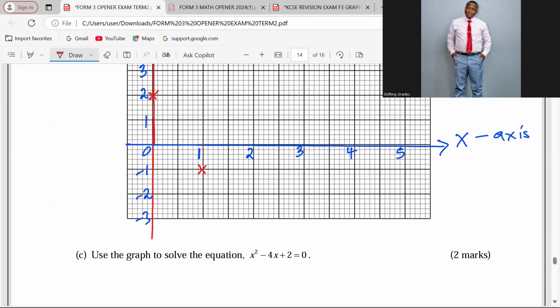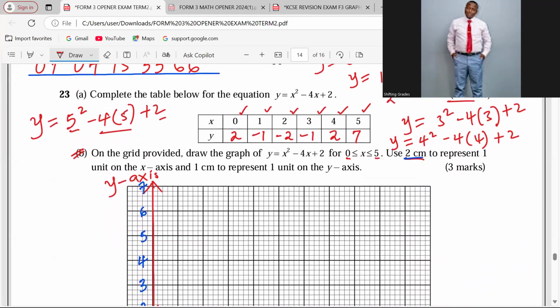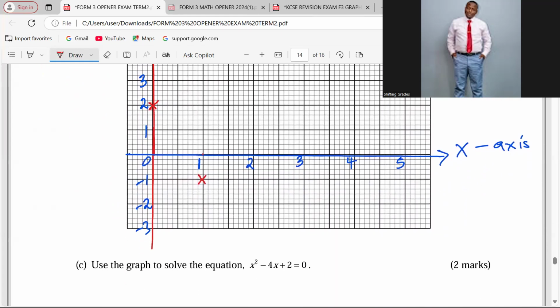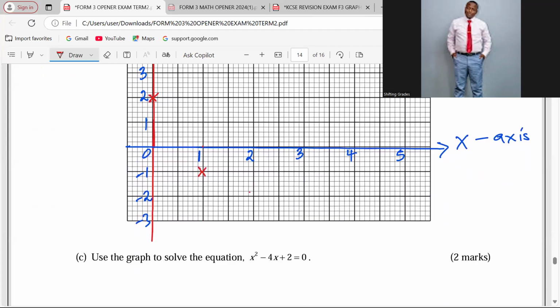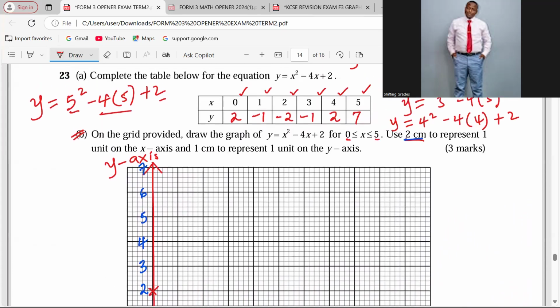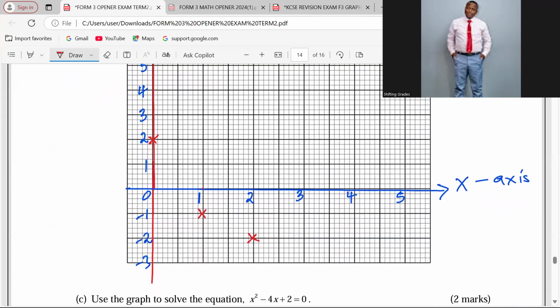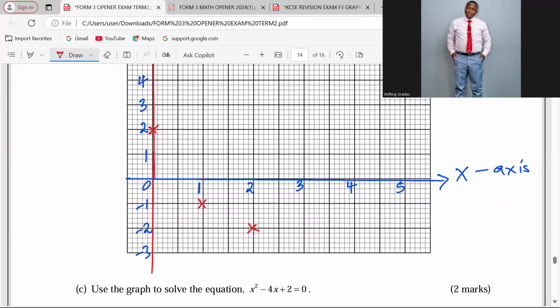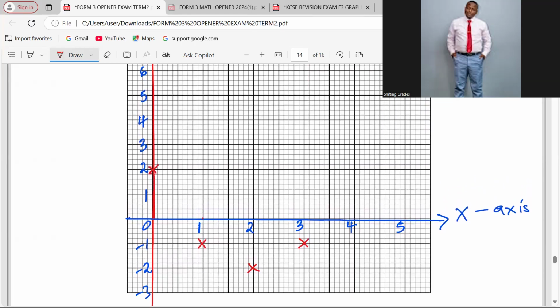This is where the coordinate shall be. Then we will have 2, -2 at this point. 3, -1 at this point. See, my plotted coordinates are very clear.